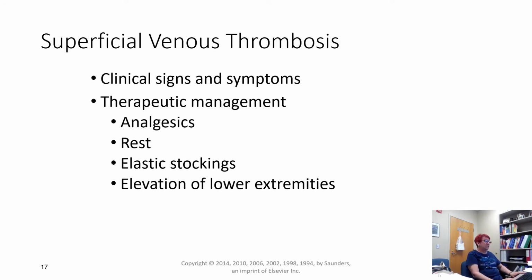We have the superficial venous thrombosis. The typical signs are pain in the leg, possibly some heat, pain when walking, and so forth. We're going to give analgesics, primarily ibuprofen, and maybe Tylenol, more likely ibuprofen, and they may even have her take a low-dose steroid for a few days.